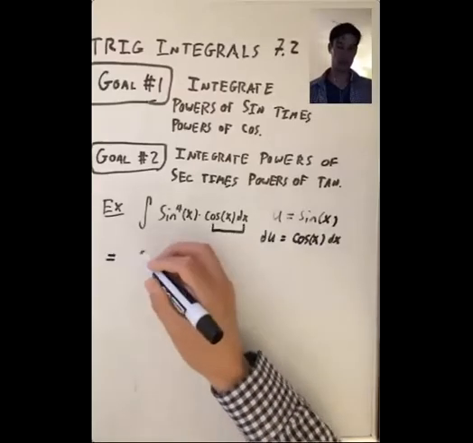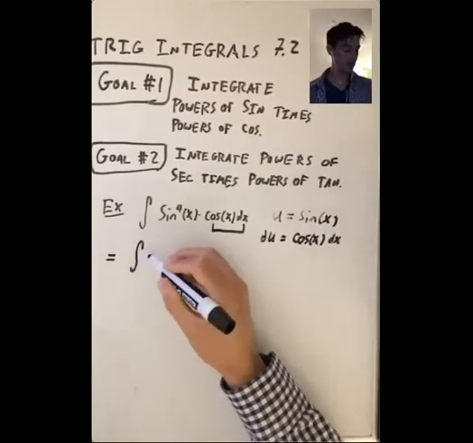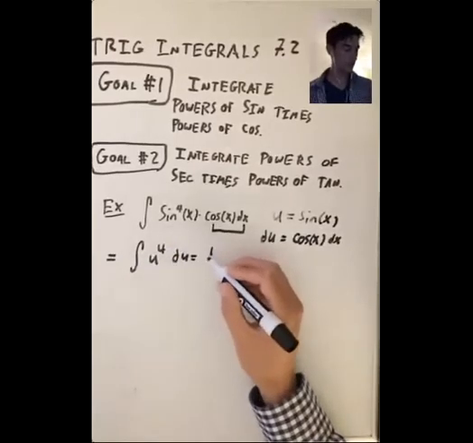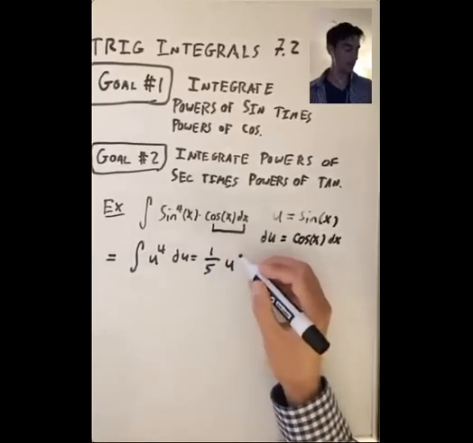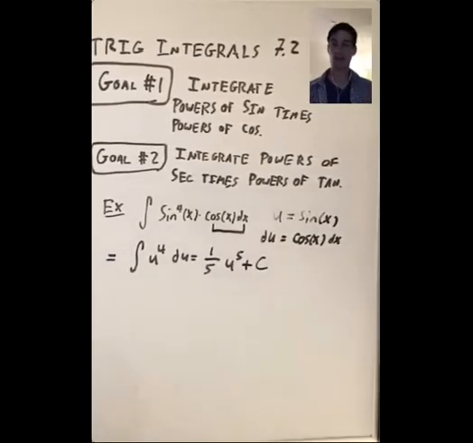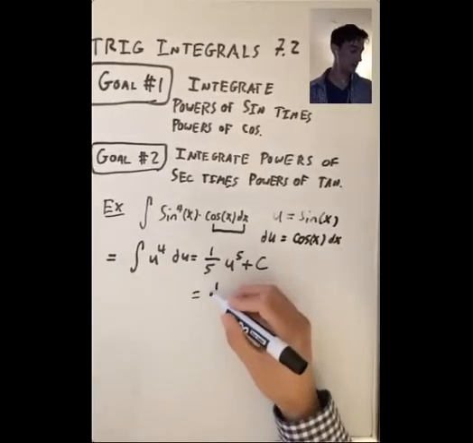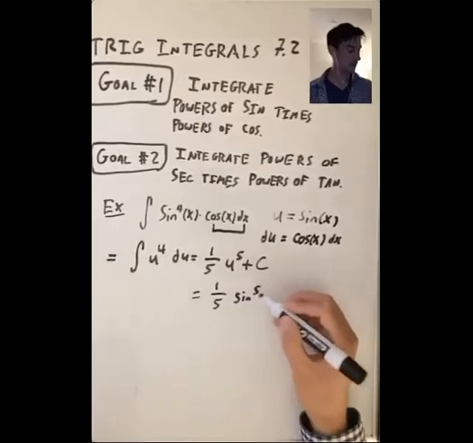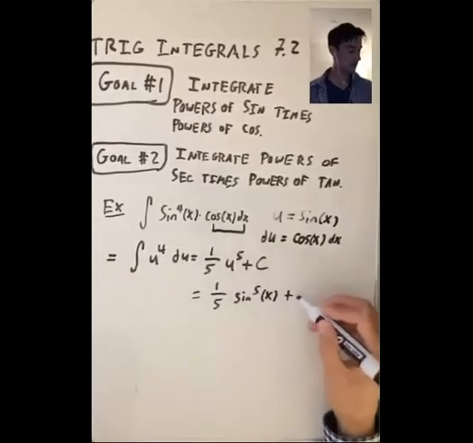So the integral that I'm taking is just the integral of u to the fourth du, which is 1/5 u to the fifth plus c. And our integral started with a function of x, so it should finish with a function of x. We substitute back, we get 1/5 sine to the fifth x plus c.